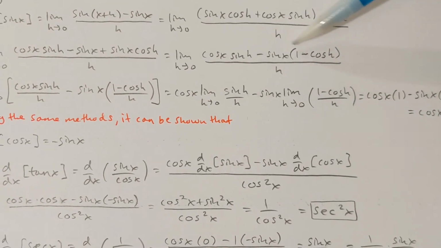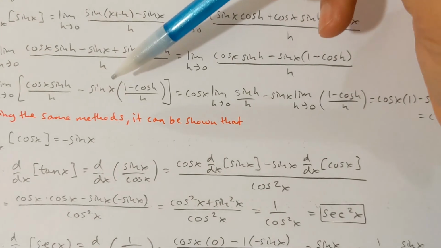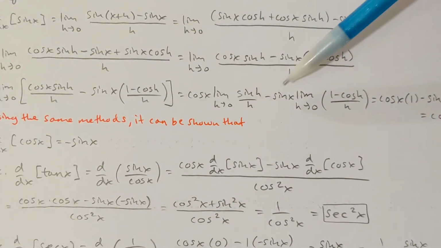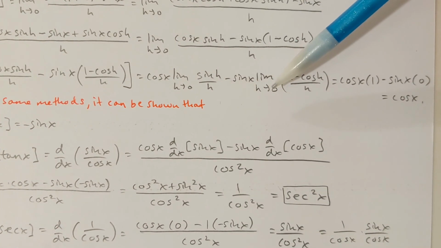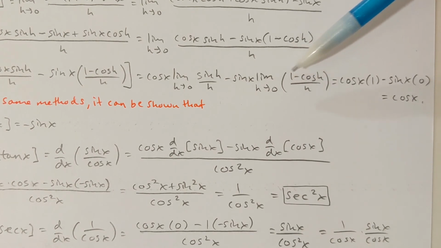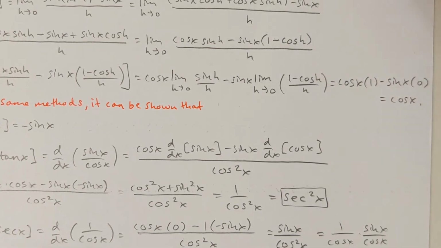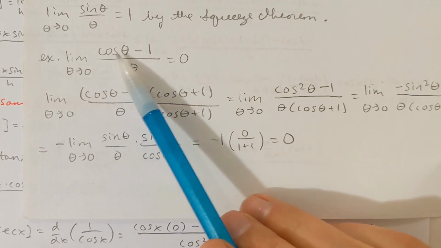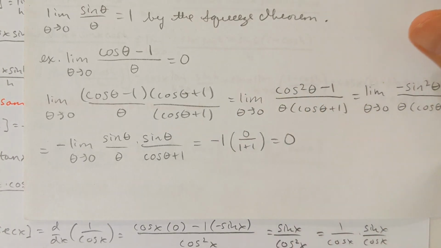Right, now I was splitting this into two fractions and also two limits here. Sine x is a constant that can come out of my second limit, since the limit is in terms of h. And the limit as h approaches 0 of 1 minus cosine h all over h, well, that is the negative of the limit as theta approaches 0 of cosine theta minus 1 over theta, that'd be 0.